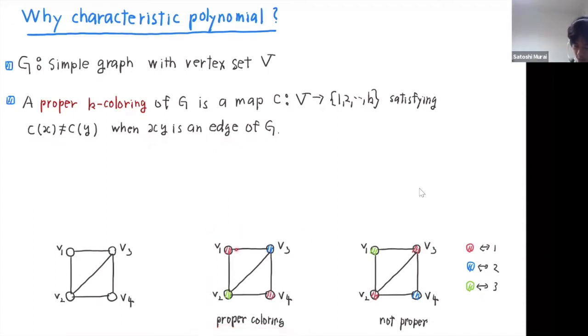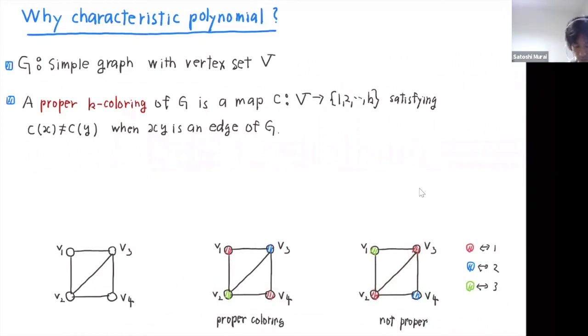If we put red color on these vertices, and blue color here and green color here, then this is a proper coloring because adjacent vertices have different colors. But this coloring is not a proper coloring because I put the red color on these vertices, but these two vertices are adjacent, so this is not allowed.